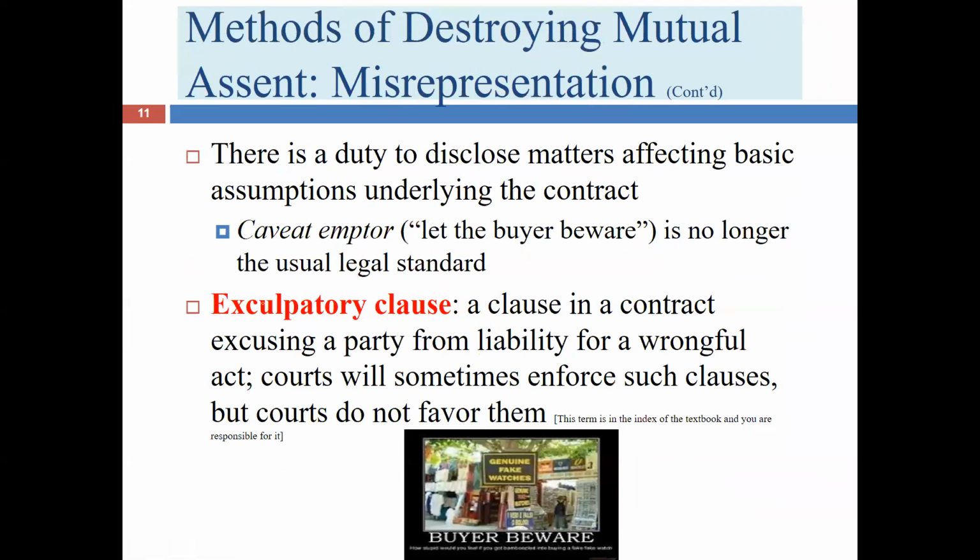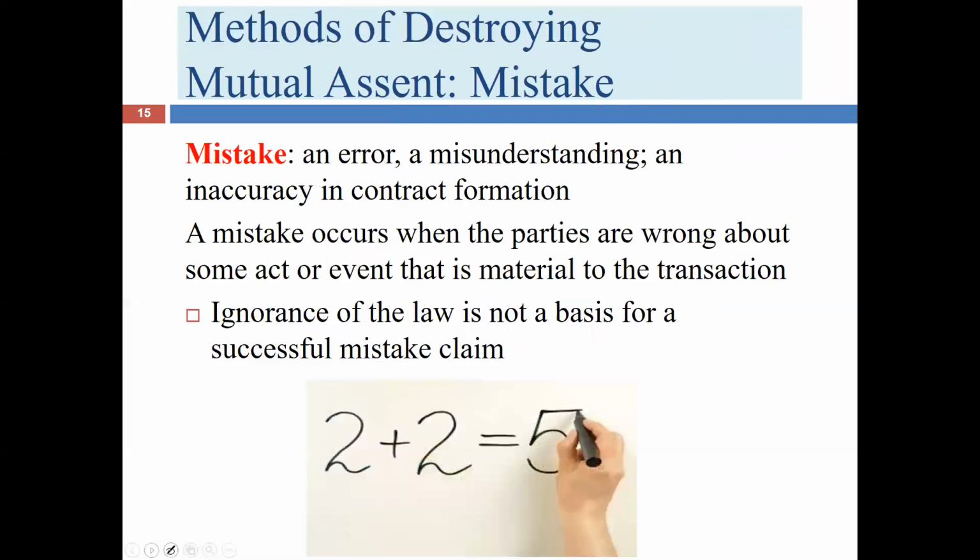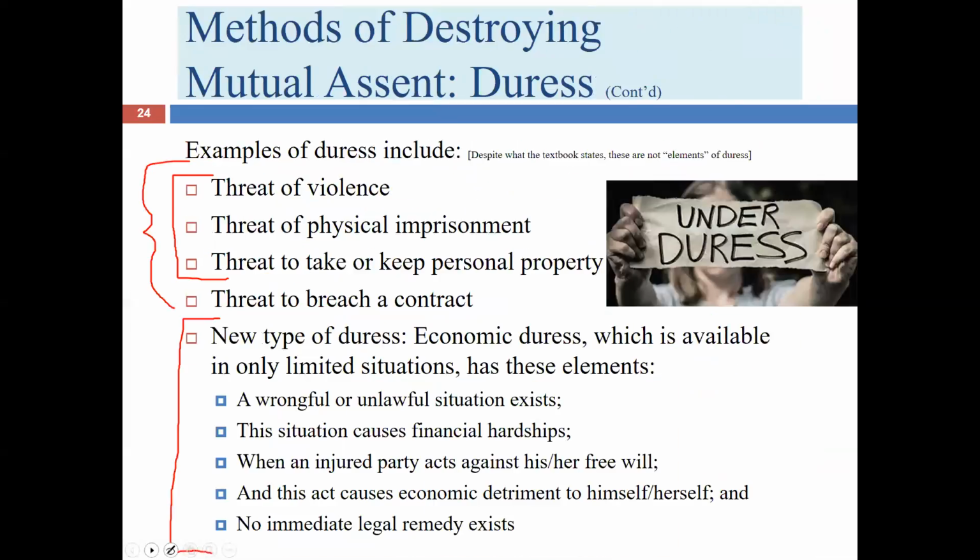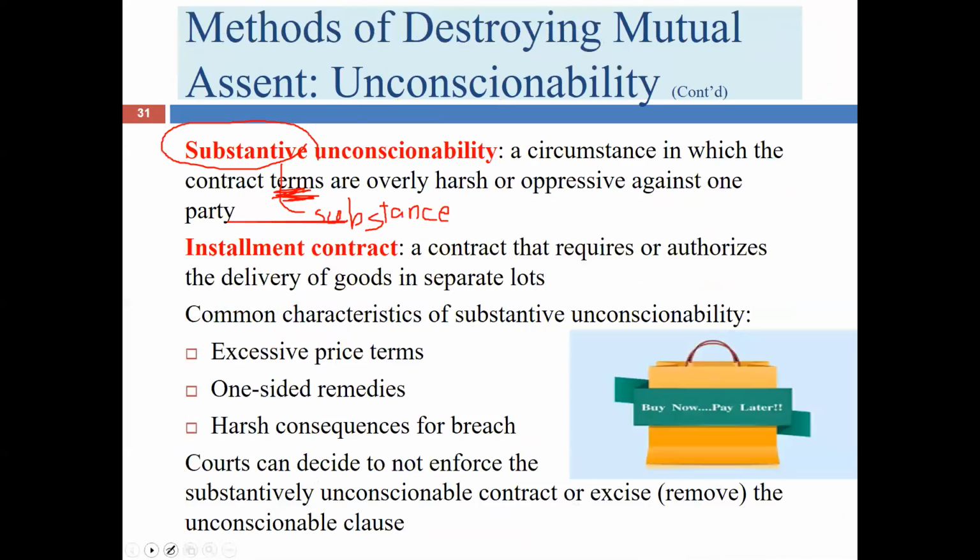And again, when courts find exculpatory clauses unenforceable, it's usually not in the misrepresentation category. It's usually in the unconscionability category. So I don't really agree completely with where our textbook puts this term, but wherever you put it, these are certainly things that the courts look at with a little bit of skepticism. Wait a second, if you do something wrong, you ought to have to pay for it. You ought not get a get-out-of-jail-free card just because you have a contract that provides that type of remedy for you.